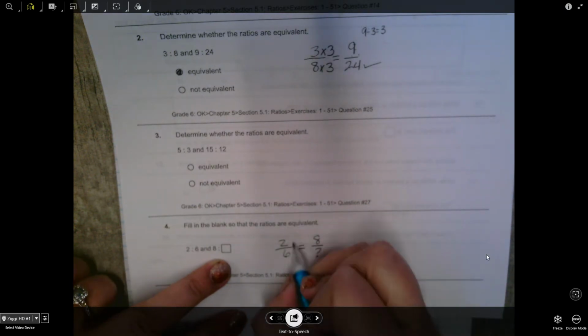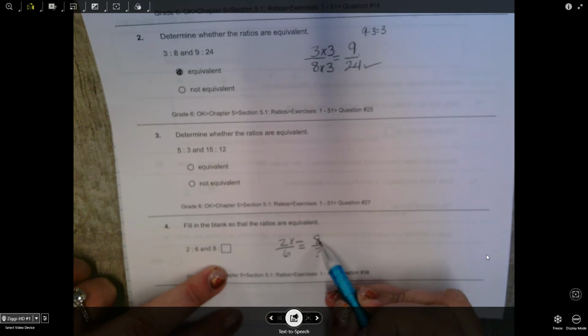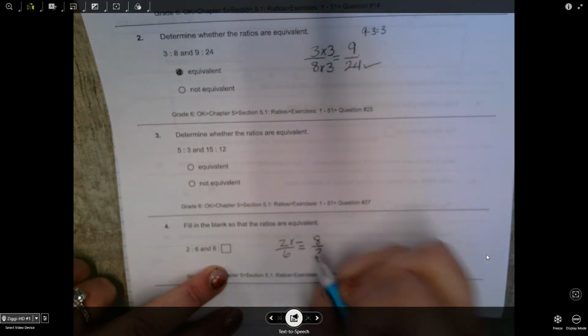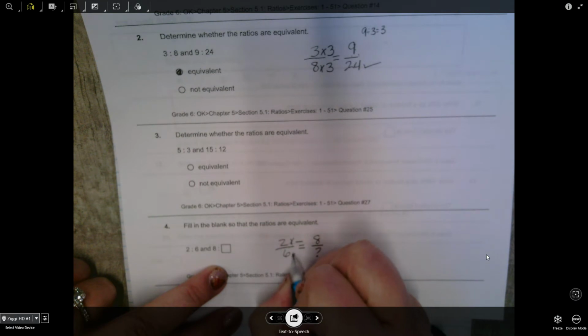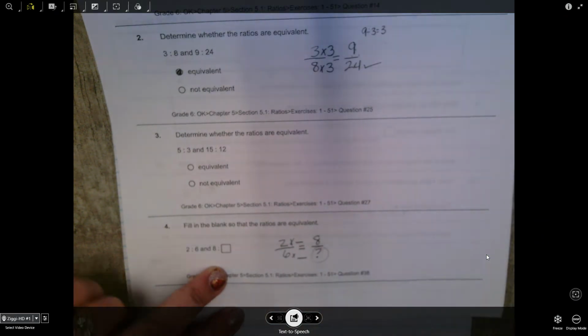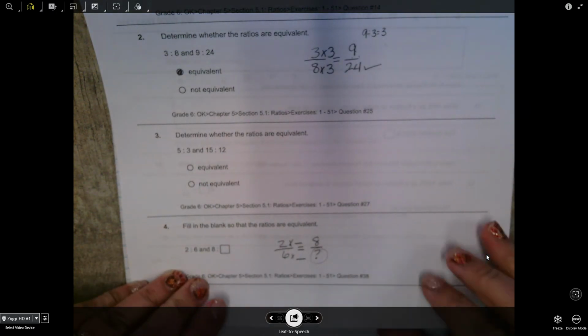So you would say 2 times what equals 8. Remember, what you do to the top, you do the exact same thing to the bottom. So you would do 6 times that same number, and you will get your answer. Okay, I'm not going to actually finish it out for you, but I'm going to help you kind of think through it.